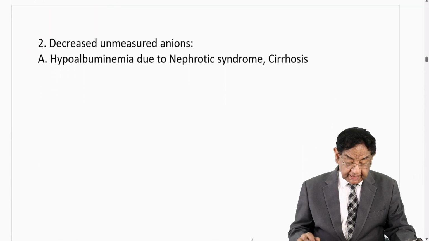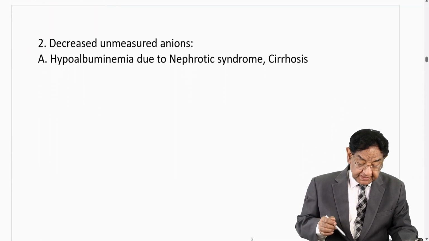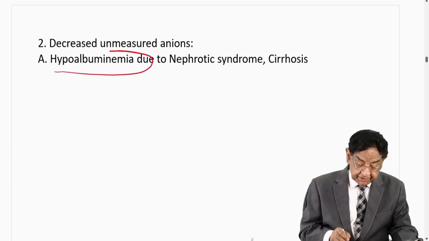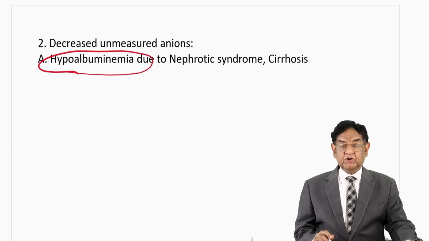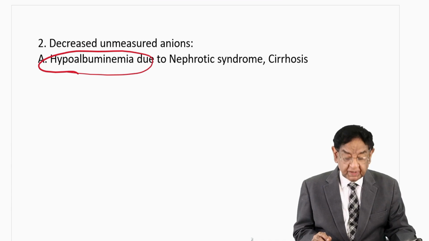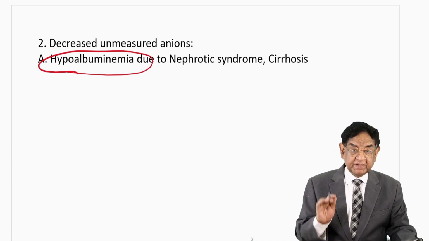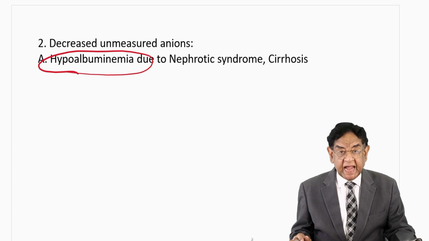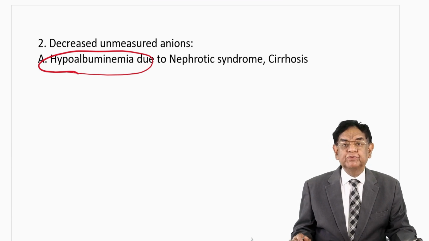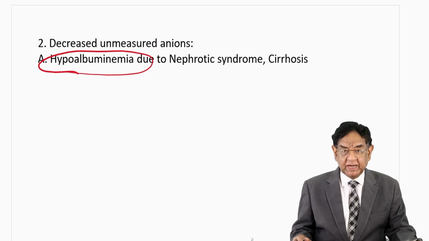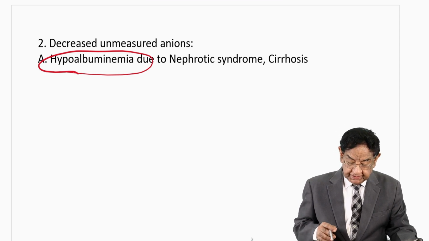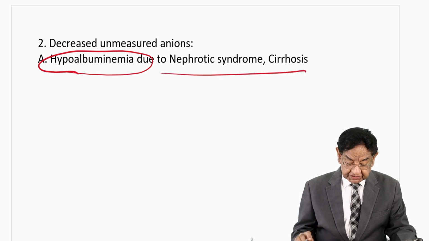Now, decreased unmeasured anions that we see in hypoalbuminemia. I think it's one of the commonest causes of so-called anion gap disturbance, but it is all because of low albumin. It's not due to disease as such, but due to low albumin level. This can occur in nephrotic syndrome and cirrhosis of liver.